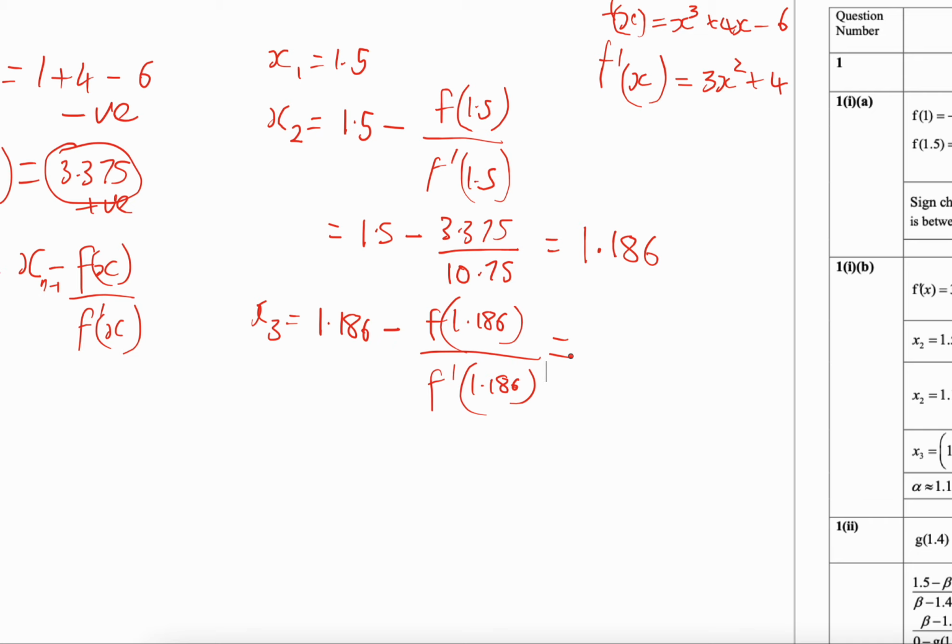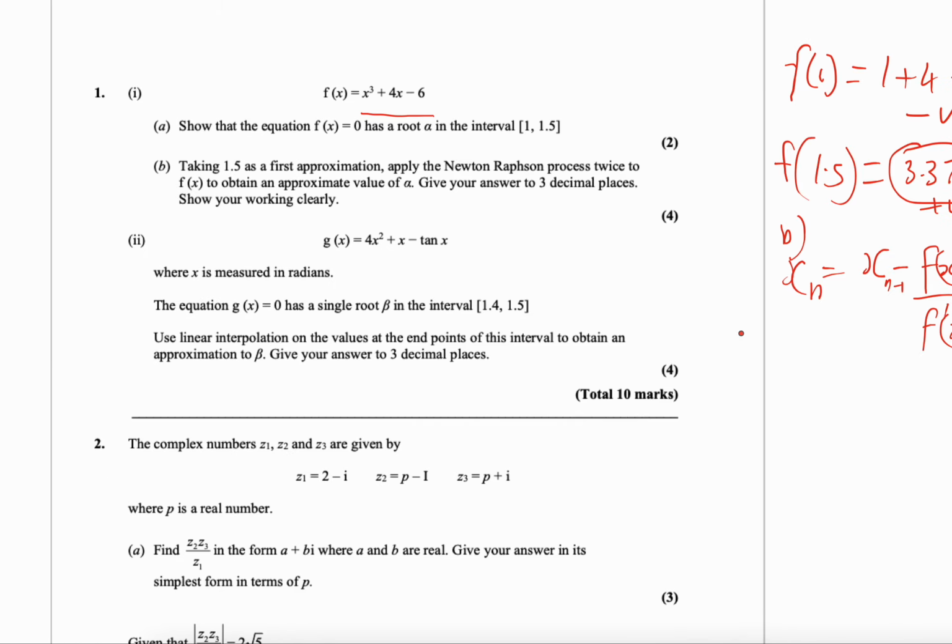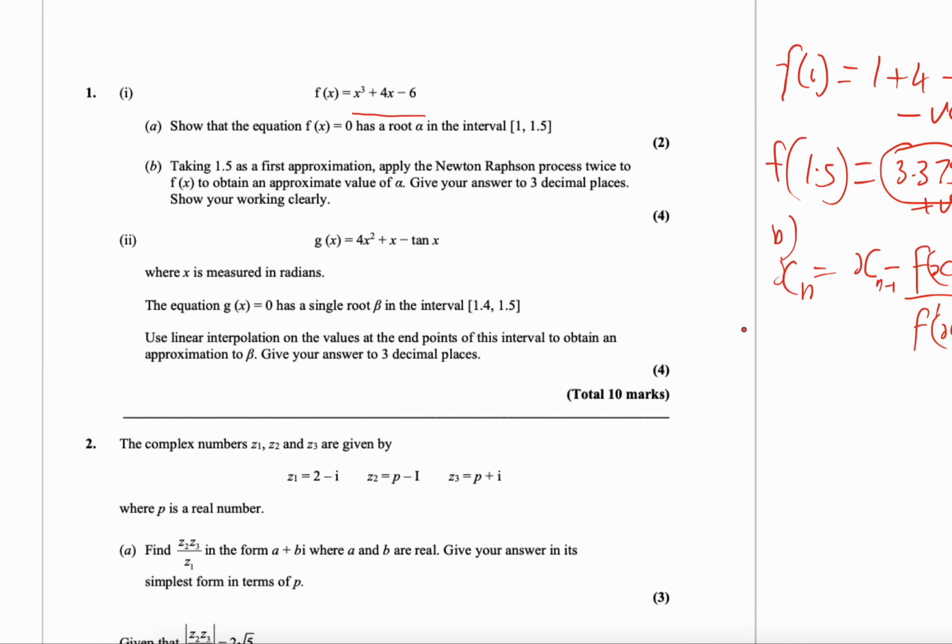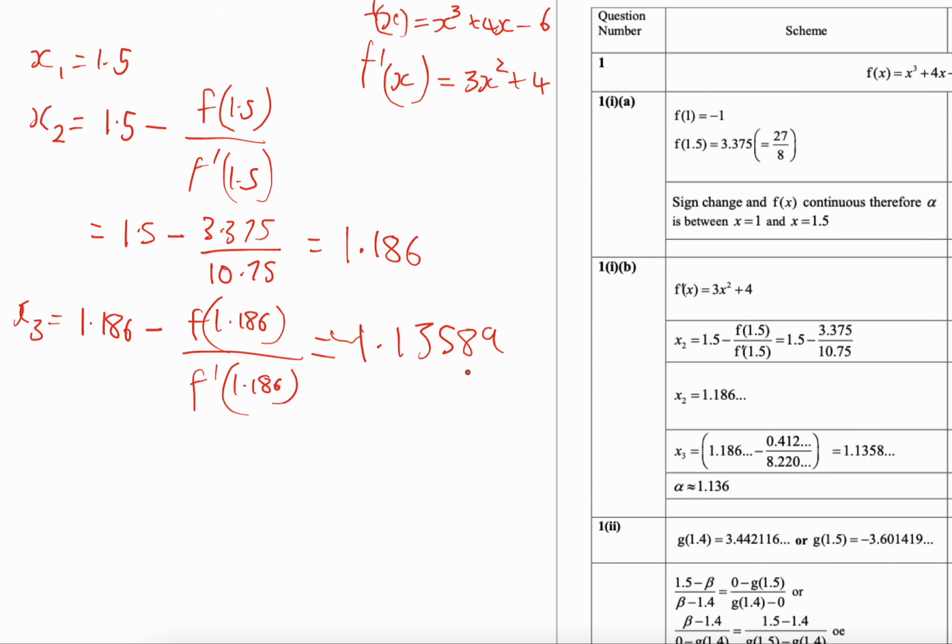What do we get? 1.13589, etc. What kind of accuracy are they looking for? 3 decimal places. So 1.136 to 3 decimal places.